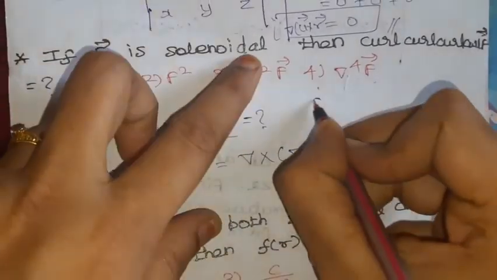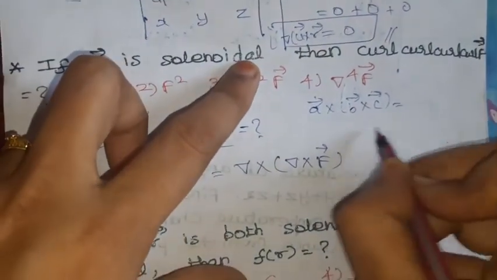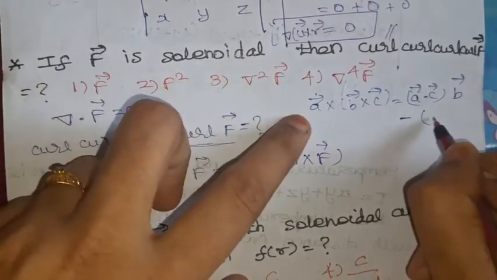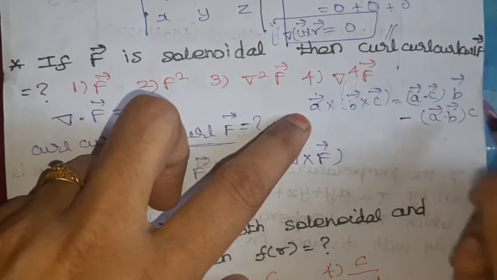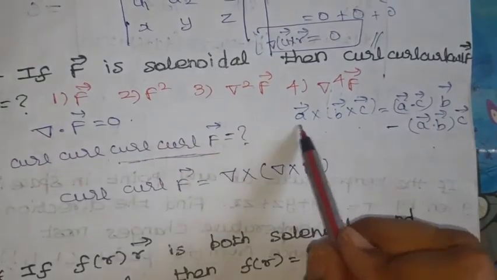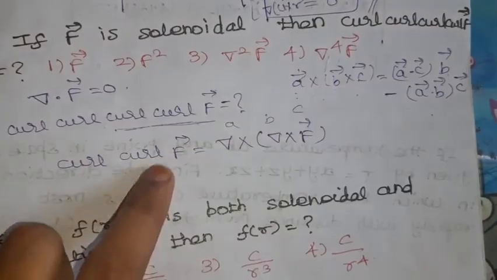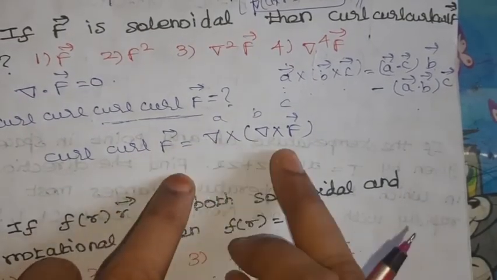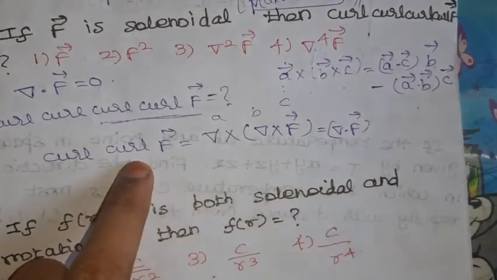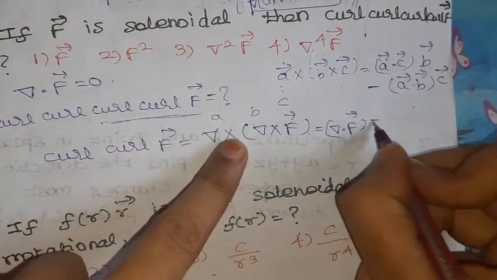So we know one formula: A cross B cross C, the vector triple product, is nothing but A dot C into B minus A dot B into C. So here take A, B, C. A dot C, so del dot F, into B. B is also del.